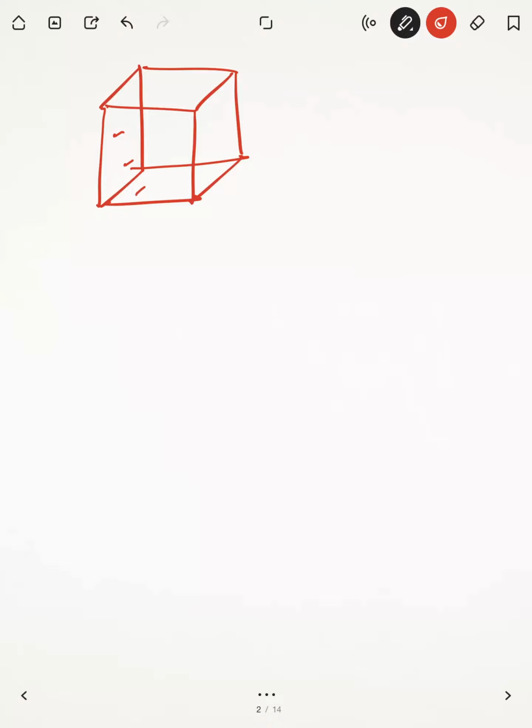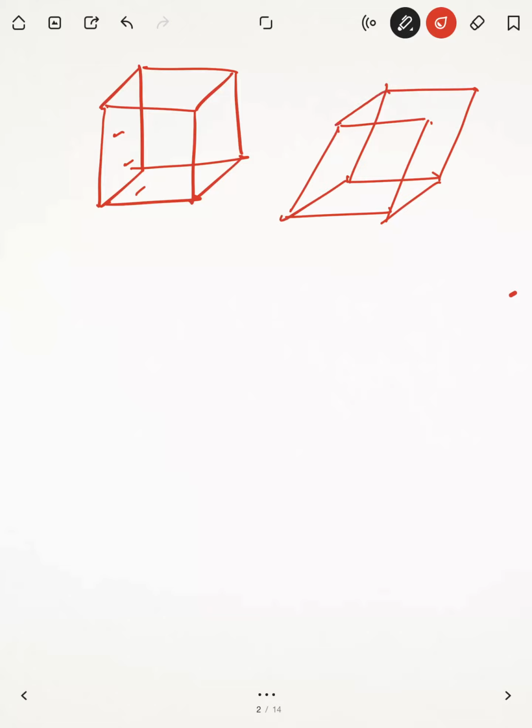Then what will happen? It will be shifting to one side, for example towards the right hand side. Now you see that the cube has turned to the right hand side.